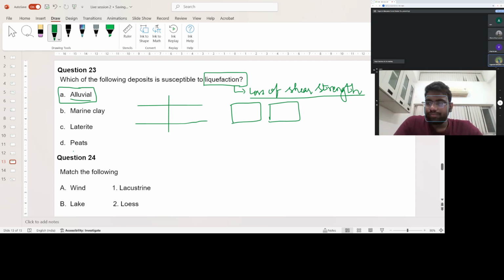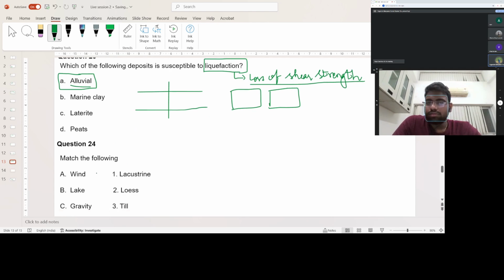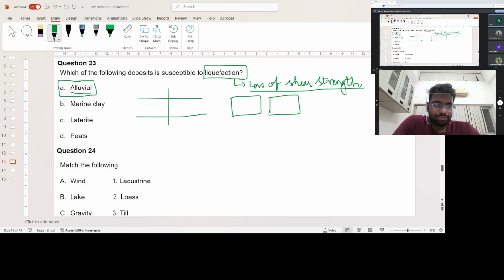Hope I'm clear now, right? It's clear, sir, but still a small query. Is it not possible for mixed soil? To clarify your question, here susceptible means that if you consider uniform sizes, they will be relatively loose.